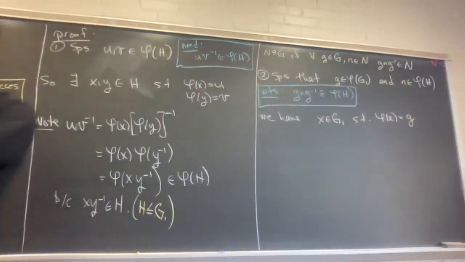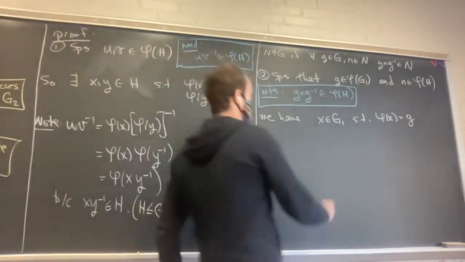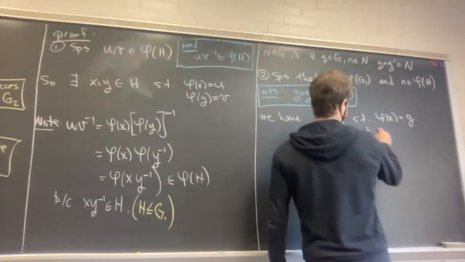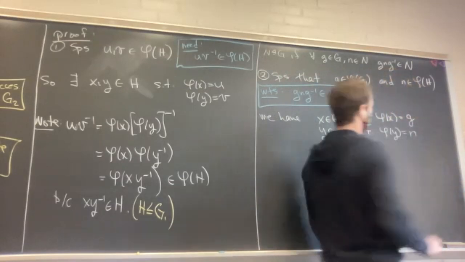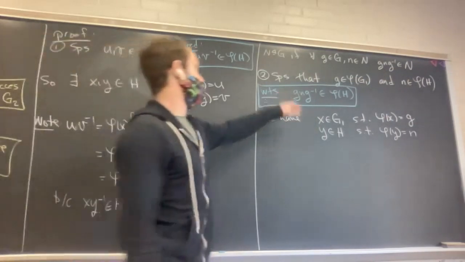So that's what it means for little g to be in phi of G1, and then a y in H such that phi of y is equal to n. That's what it means for n to be in phi of H. Now we're ready to make this calculation.